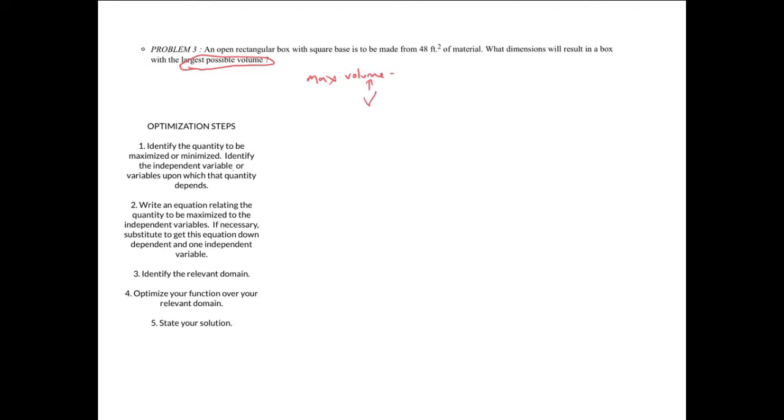And then I want to identify the independent variable or variables upon which that quantity depends. Well, this is a rectangular box. I think a diagram would be helpful in this. So I'm going to draw a diagram. And my box looks like this. It says it has a square base. So the base, the length and the width are the same, but the height is something different.